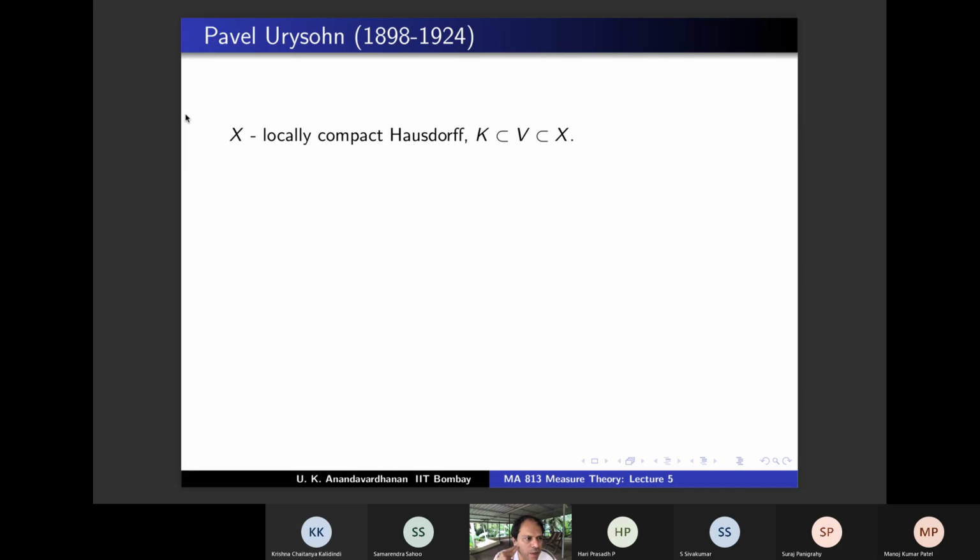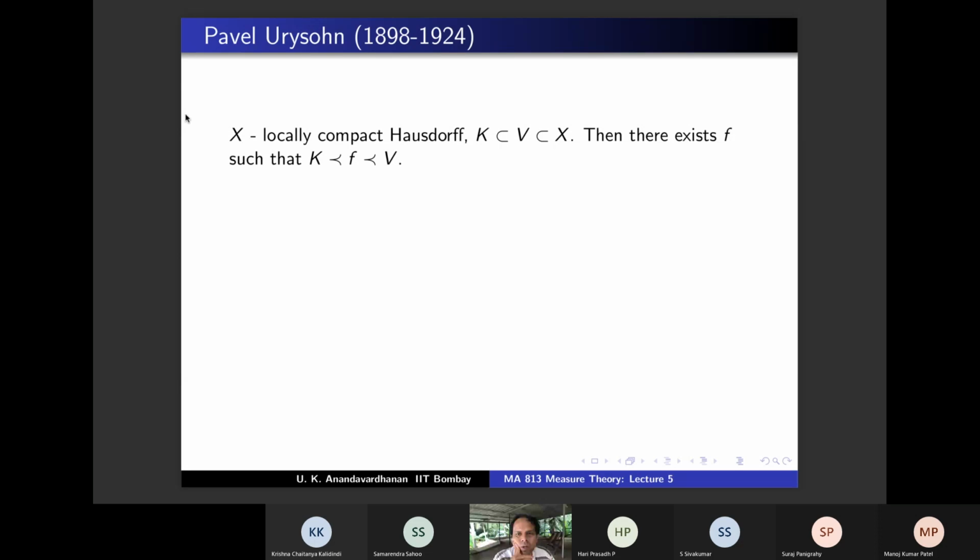Because that result will be frequently used in this proof. If you have K contained in V, K compact, V open, what is the result that we proved sometime back? The first result that we proved today. There exists an open set whose closure is compact between K and V, right? And we are going to use that many times.